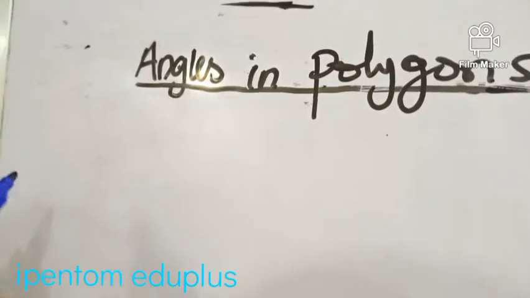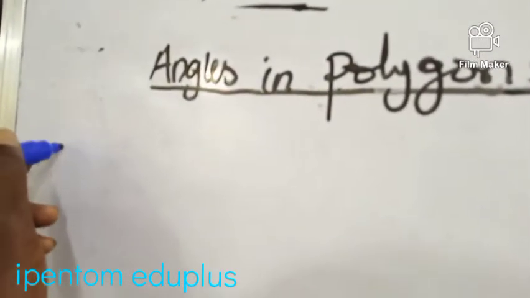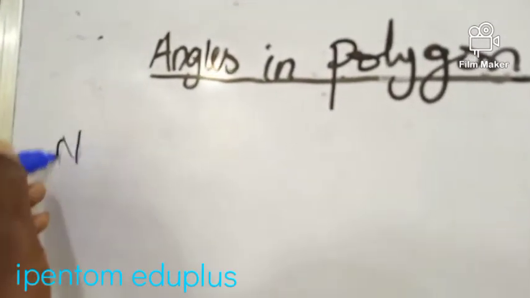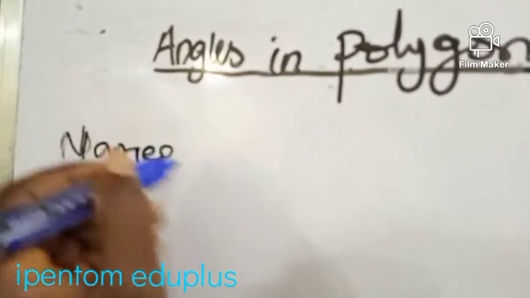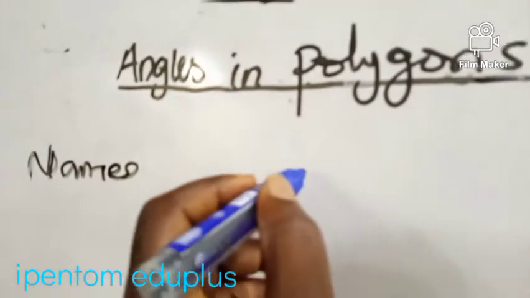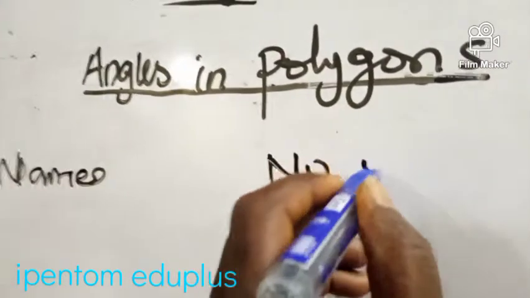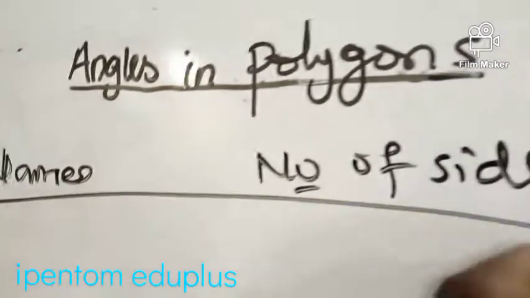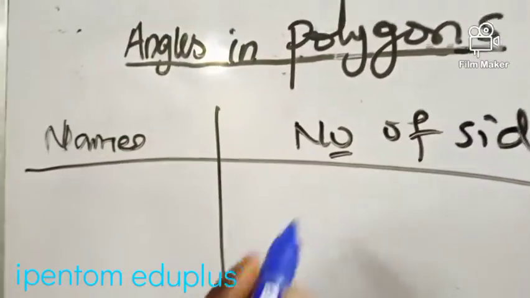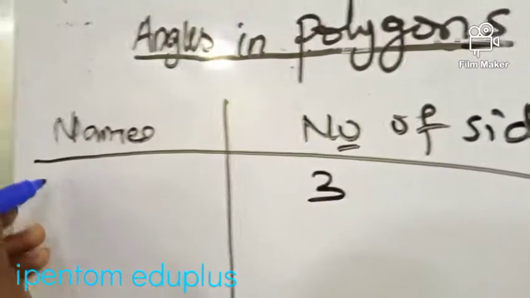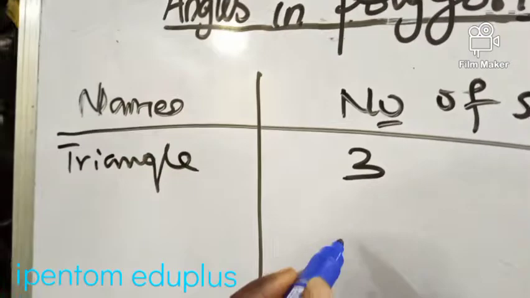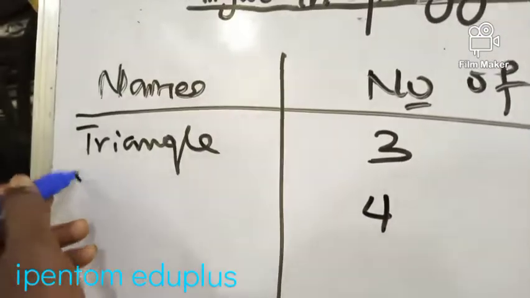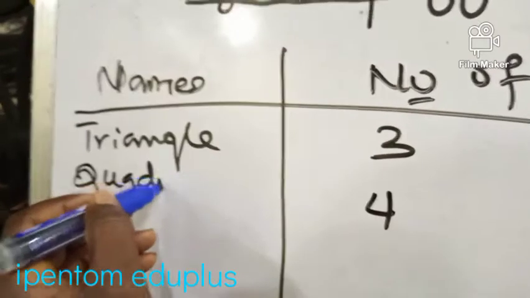Now we are going to also look at names of polygons and the number of sides. A polygon that has 3 sides, we call it a triangle. If it has 4 sides, we call it a quadrilateral.